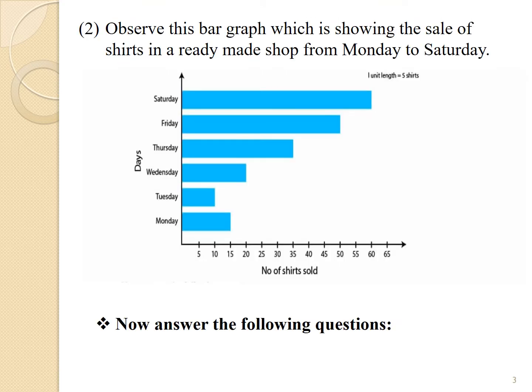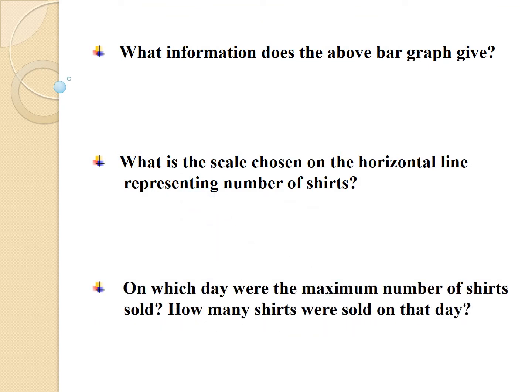Question number 2. Observe this bar graph which is showing the sale of shirts in a ready-made shop from Monday to Saturday. Now, answer the following questions. Students, you will get the answers of the given questions by observing the bar graph. Question A. What information does the above bar graph give?